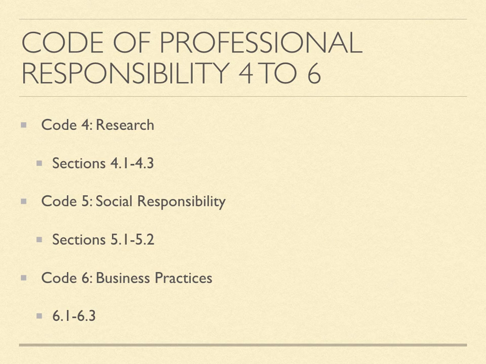Code 5, social responsibility, is how are you using your athletic training skills and ability out in the community. And Code 6, business practices, how are you being ethical in the way that you work at your job.